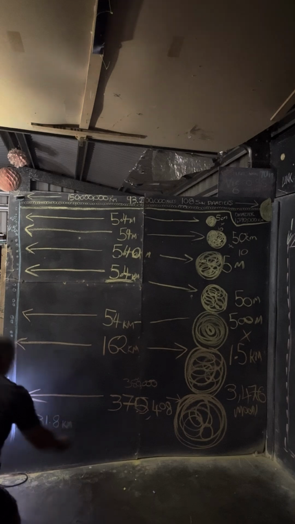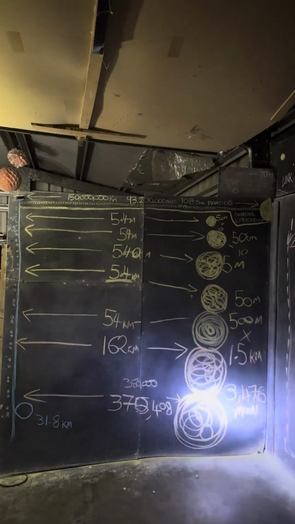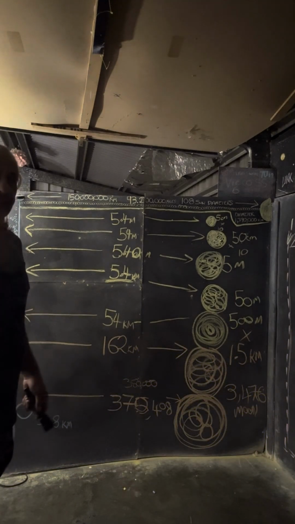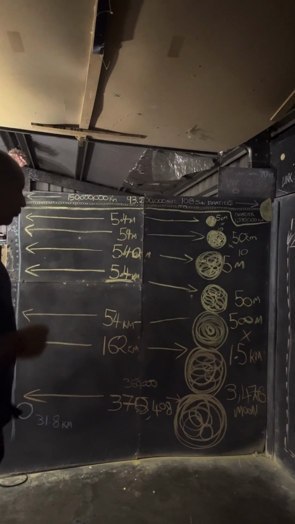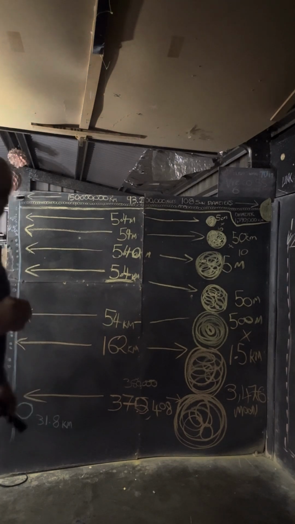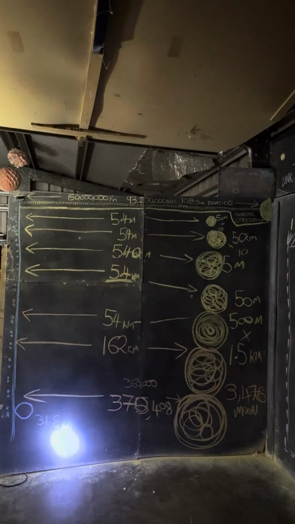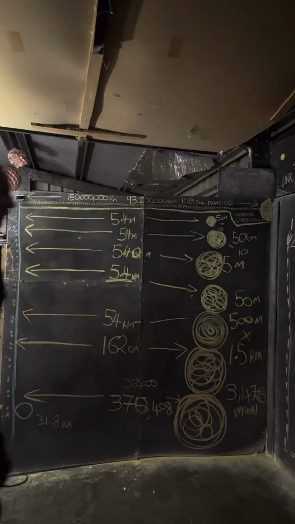If the moon were our sun, the correct distance in between us and it would be 370,408 kilometers. Give or take a few thousand, that is the distance. It's away from us anyway. The only difference is we would have shrunk down to 31.8 kilometers.